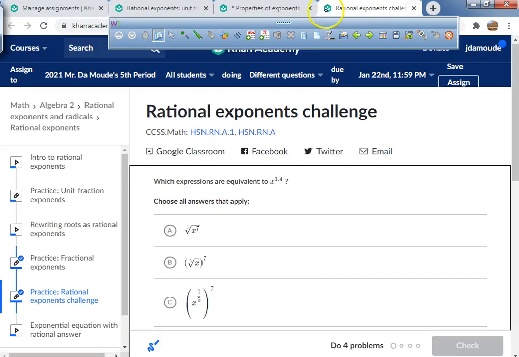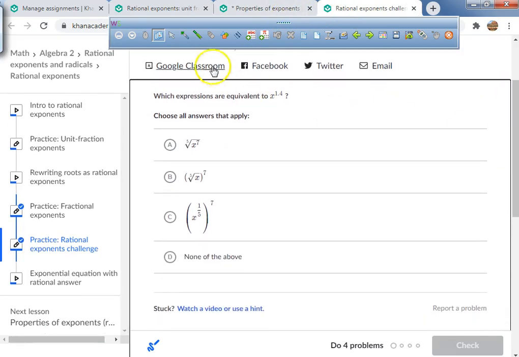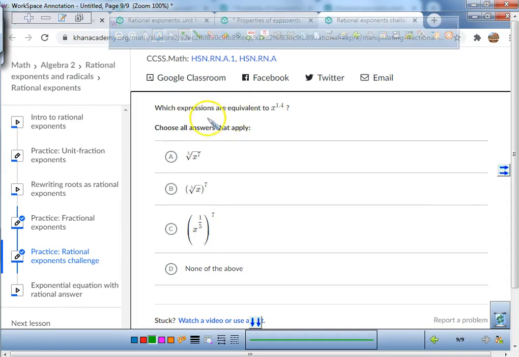All right, so now that I've done those, I'm going to go over here to the challenge problem. Okay, so here's a challenge problem. It says which expression or expressions are equivalent to x to the power of 1.4. Now, this is where you kind of need to know how to take decimals and change them to fractions. All right, so how would I change this to a fraction? Well, hopefully you know that 1.4 is the same as saying 1 4/10.